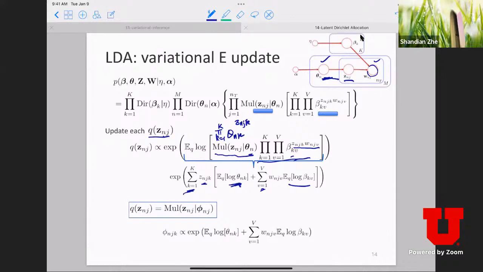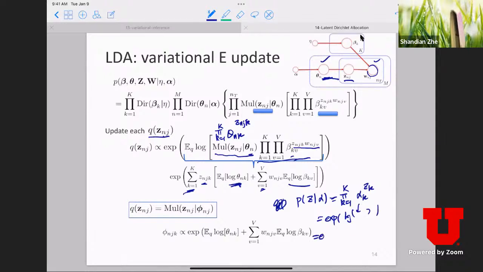Okay. How can we see that? If you take a look at an arbitrary multinomial distribution, say z given alpha, suppose you have k dimensions, right? So it is the product of alpha k to the power z k. If you write it in exp form, it is just the logarithm of this.